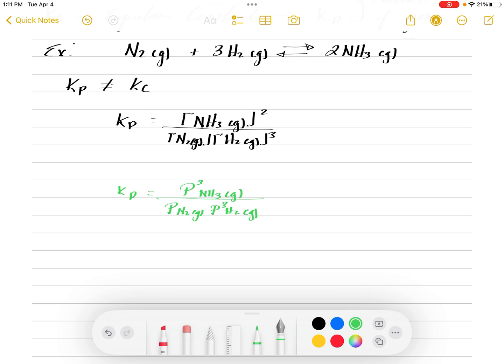All right. Now, both are acceptable, but I think the AP exam prefers this. Okay. So that's the difference between doing the equilibrium constant when you're working with molarities, and this is when you're working with gases. So that's it for today.